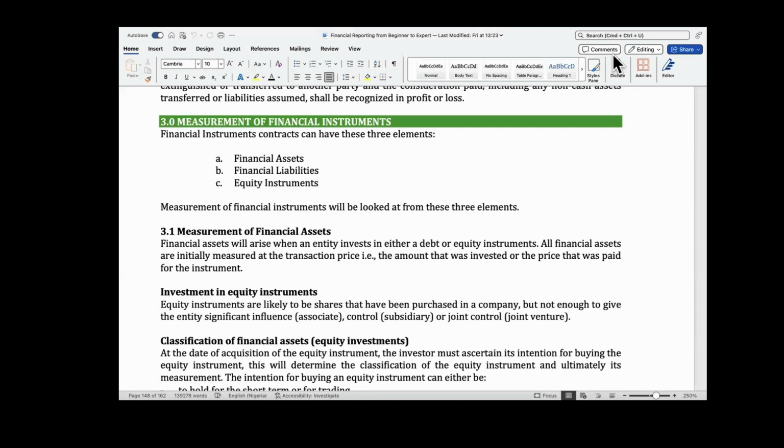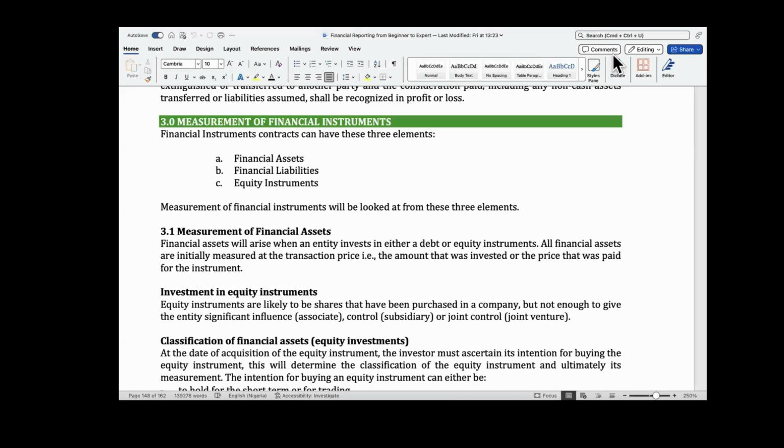Now the second part is what we were supposed to look at last week, which we did, but we did not finish. So today I would start from where I started last week, and I'll finish it up today. Now, what we are looking at is measurement of financial assets, how you measure financial assets.